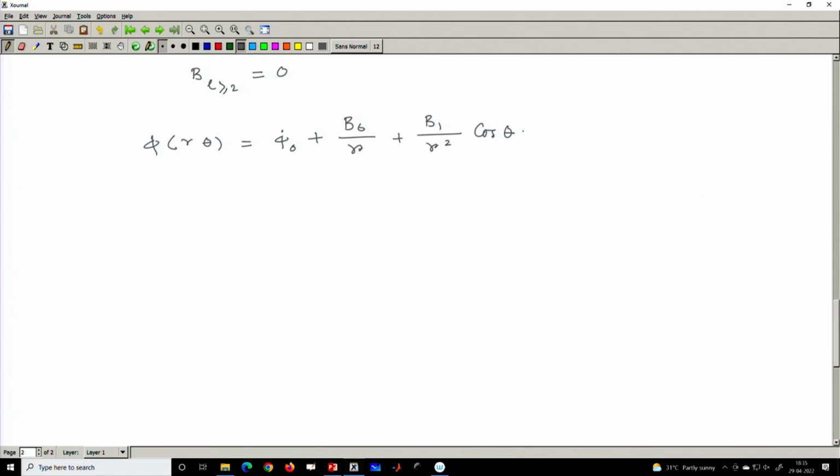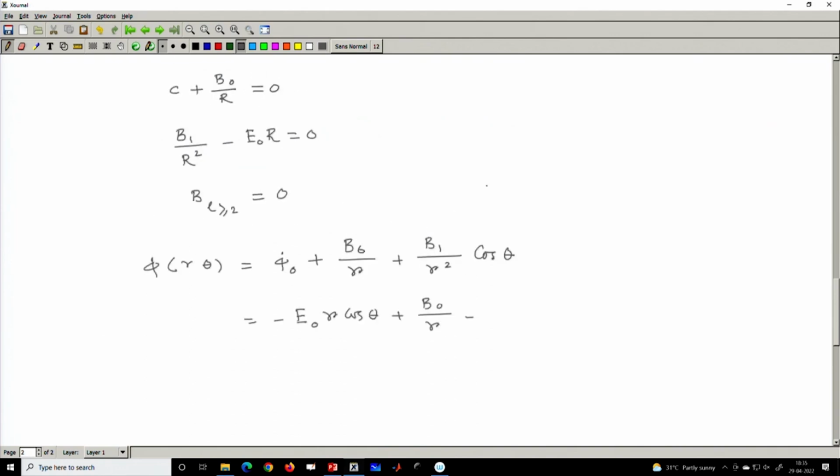Now, I put simply minus phi 0 minus E R cos theta and plus B 0 divided by R and minus B1.